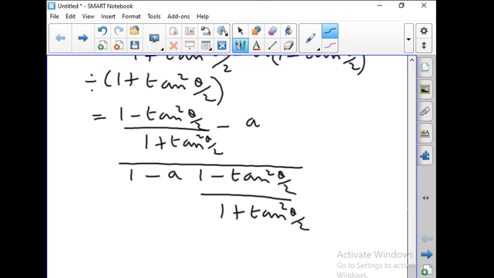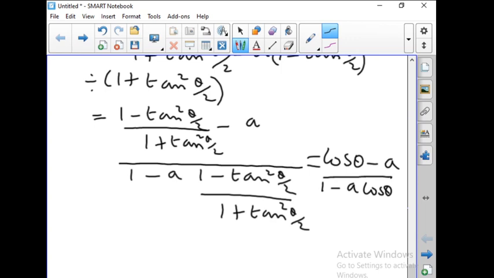Okay, this is what we get. So what is this now? This is nothing but cos theta. So cos theta minus a divided by 1 minus a into cos theta we have got.